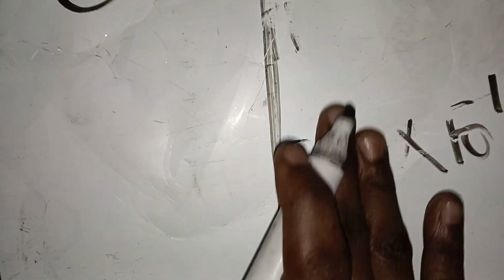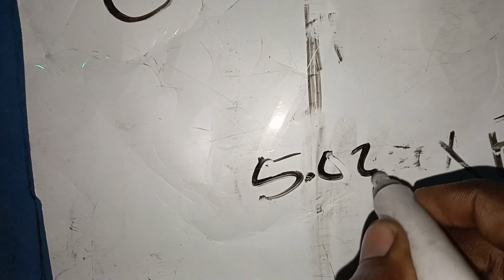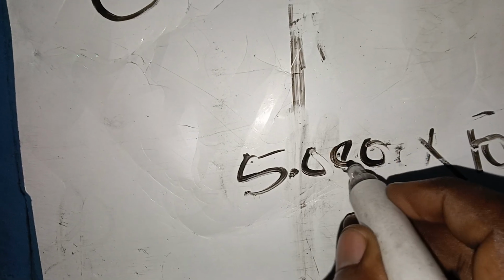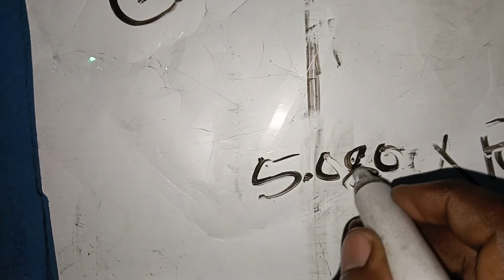Let me write it well. 5.080. So I'm writing it like this. Even if you look at your table, you will get like this.